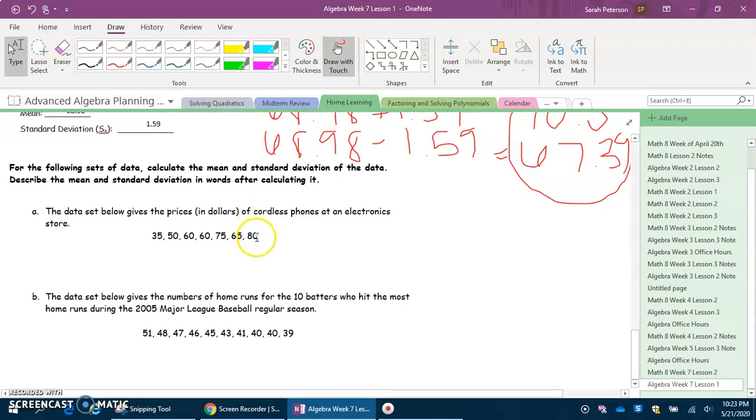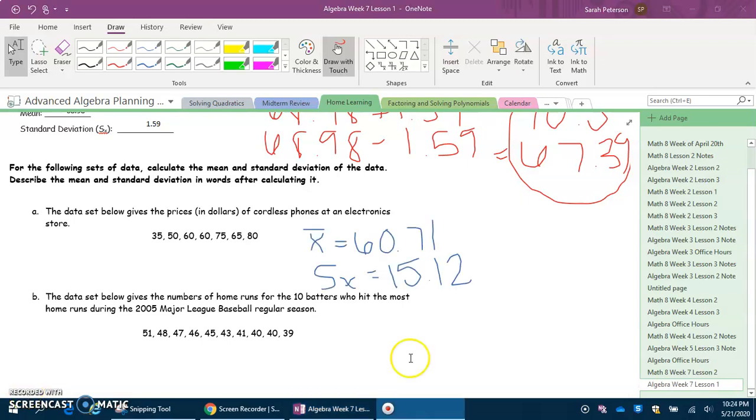The data set below gives the prices in dollars of cordless phones at an electronics store. So these are prices. The first thing I'm going to do is type them right into my calculator and find the mean and the standard deviation. Okay, I just calculated the mean and the standard deviation. 60.71 was the mean and 15.12 was the standard deviation.